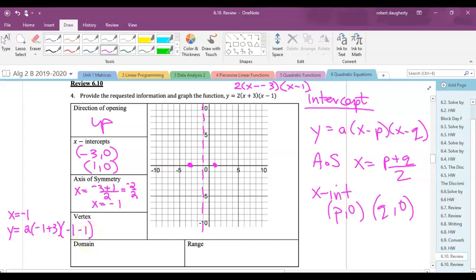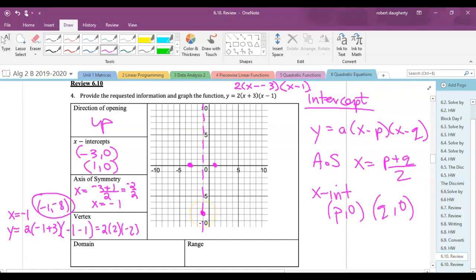So this is 2 times 2 times -2, which is -8. So the vertex is the point (-1, -8). That's the way you write the vertex. The vertex is not -8, it's (-1, -8). So right here is the vertex.